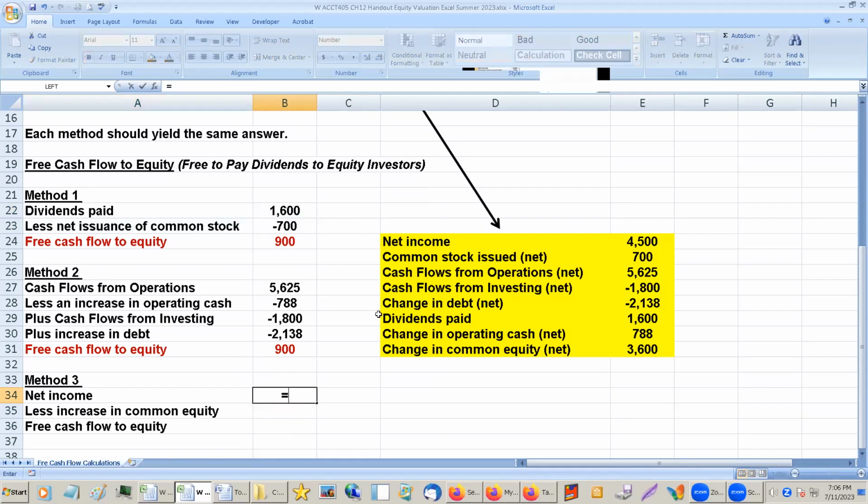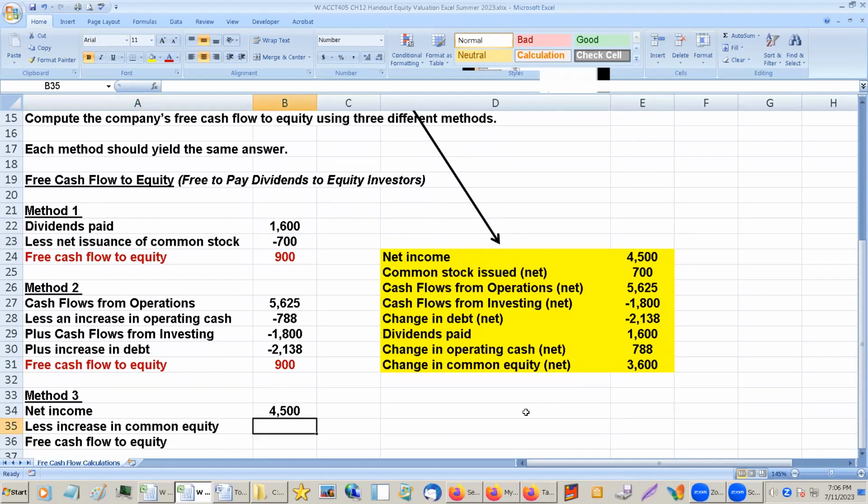And you can also take net income less increase in common equity. In the increase in common equity, the net income falls out because it'll be in the statement of retained earnings.